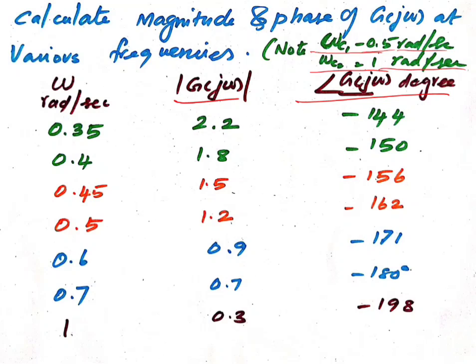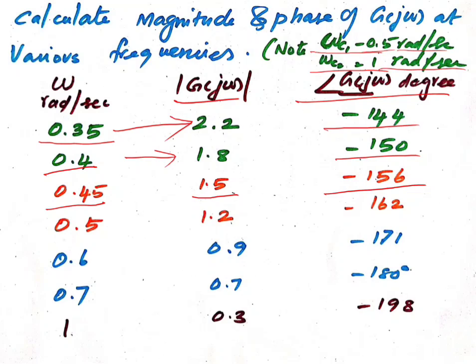I am starting with 0.35 radians per second. For this frequency, the magnitude is 2.2 and the phase angle is minus 144. Then I am choosing 0.4; for that it is 1.8 and minus 150. For 0.45, it is 1.5 and minus 156, and then 0.5, 0.6, 0.7 and 1.